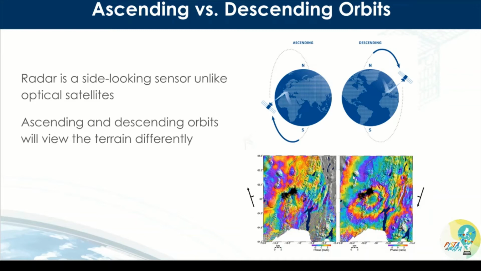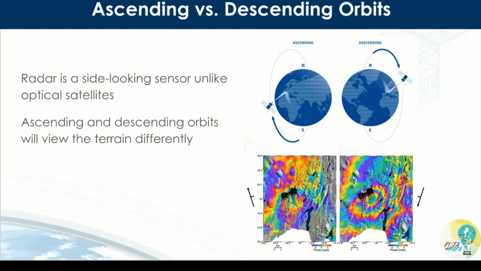Because of that, and the way the satellite's looking at the ground, the output will be different depending on whether you're looking at ascending or descending. And this can really vary from area to area because of radar distortions.